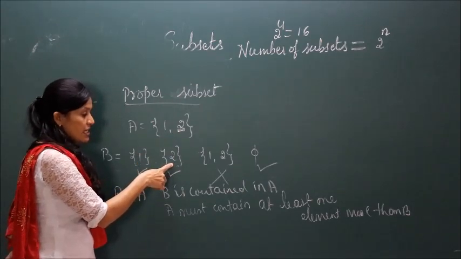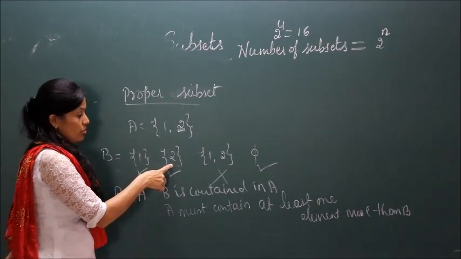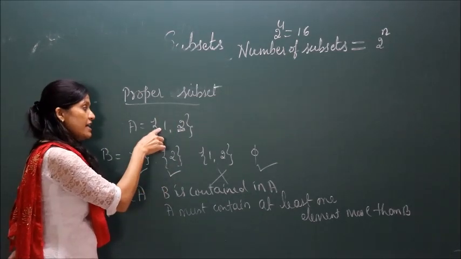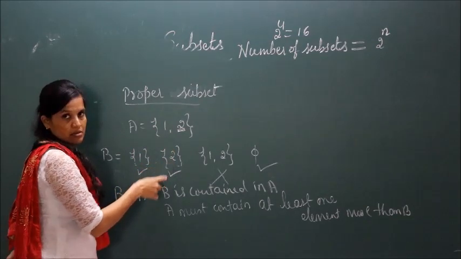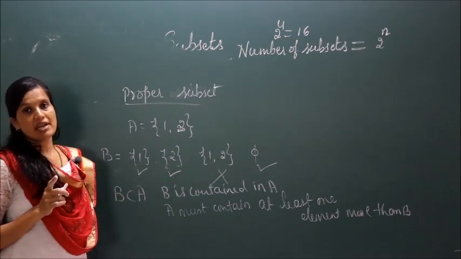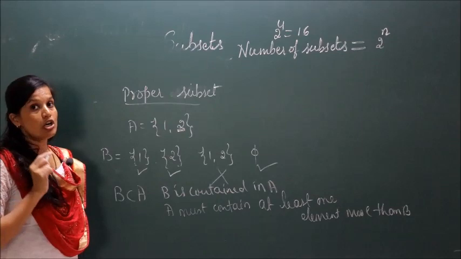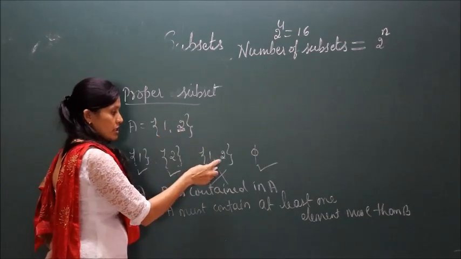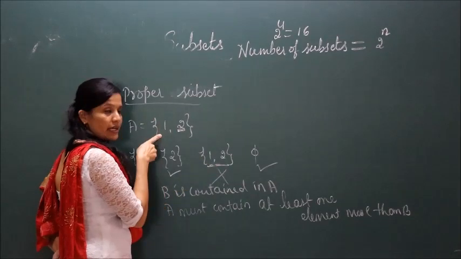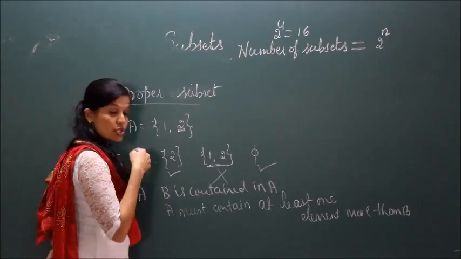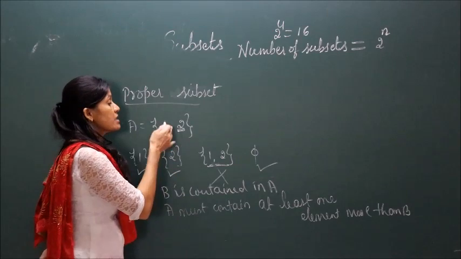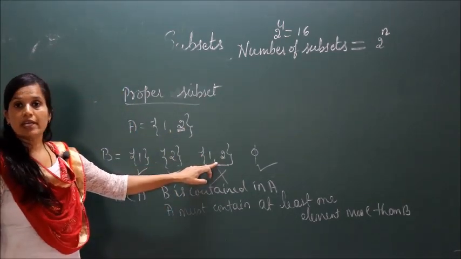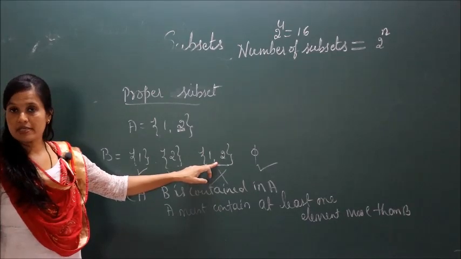Because this set contains only the element 2 and that 2 is contained in A, and A contains at least one element extra, then only that set is called proper subset. This you see, of course these elements are contained in A, but the second condition is not satisfied. A has the same number of elements as this set, so then it is not a proper subset.